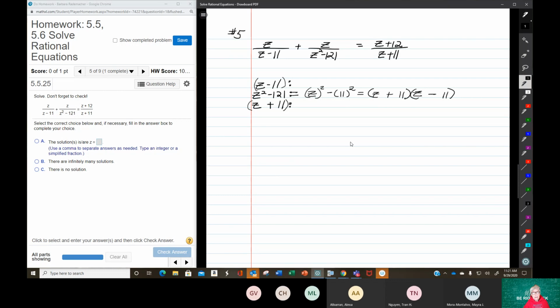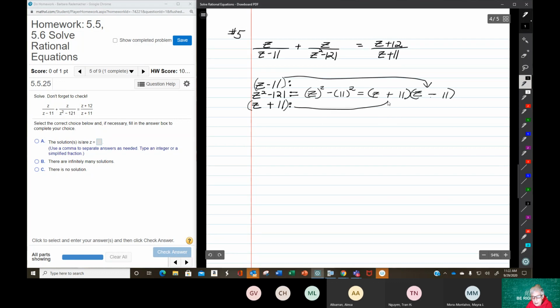Now at this point, notice z minus 11 is one of the factors of z squared minus 121.